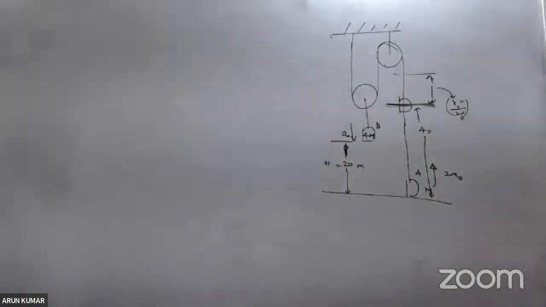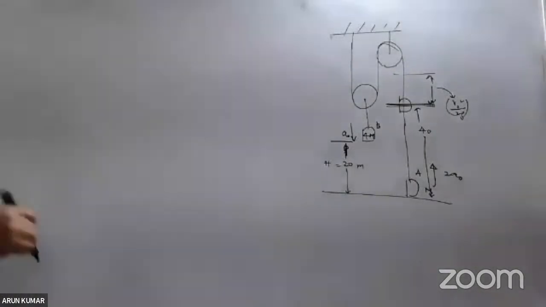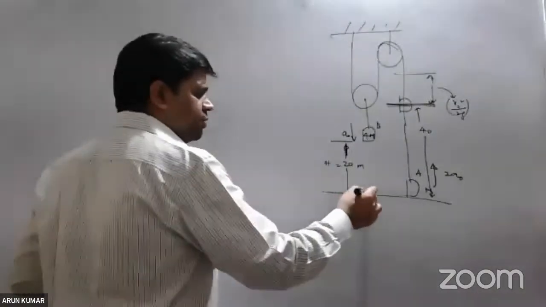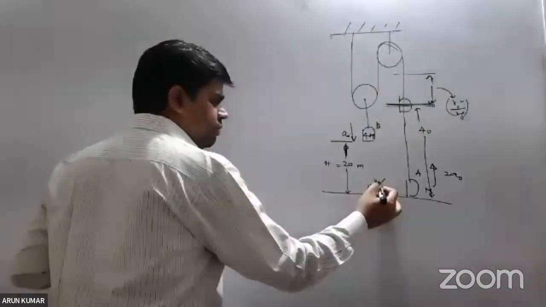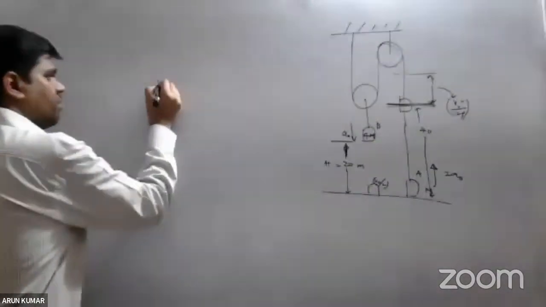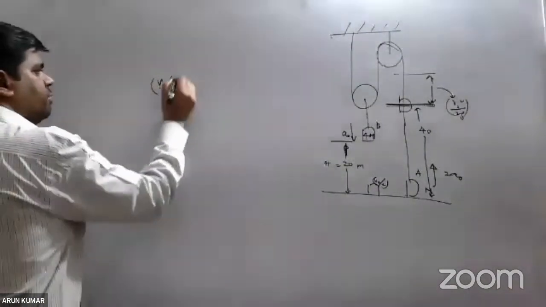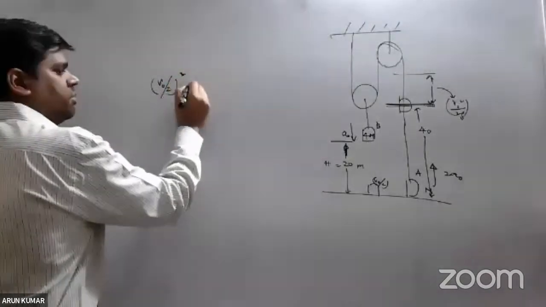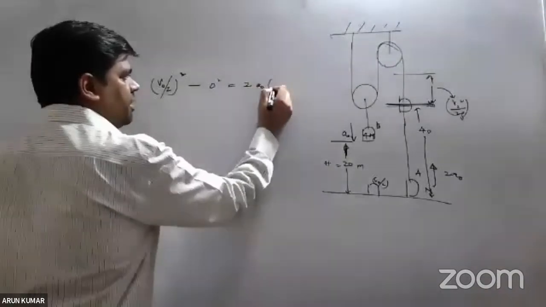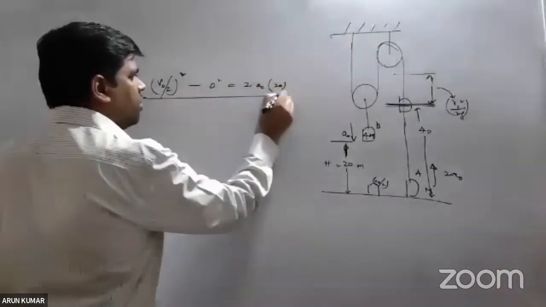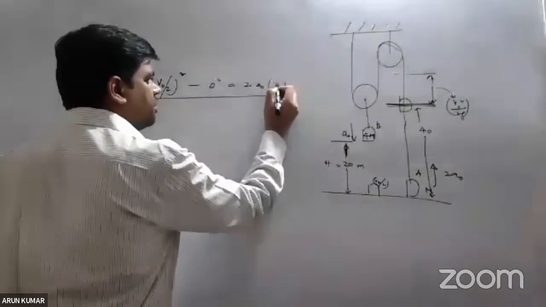All we have to do is find out v naught now. How will I find v naught? I'll write v square minus u square is 2as here. V is v naught by 2. V naught by 2 whole square minus 0 square is equal to 2 times a naught times 20, or 2 times a naught times h.